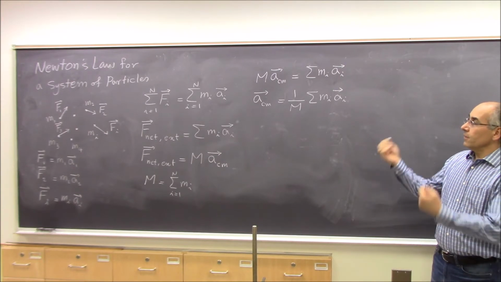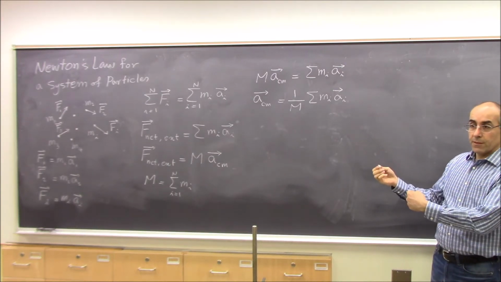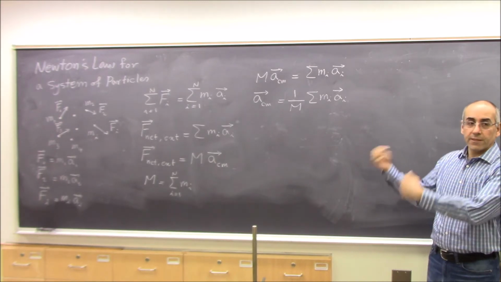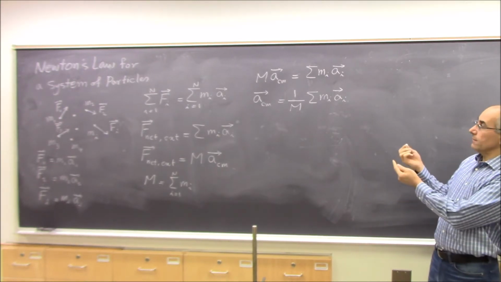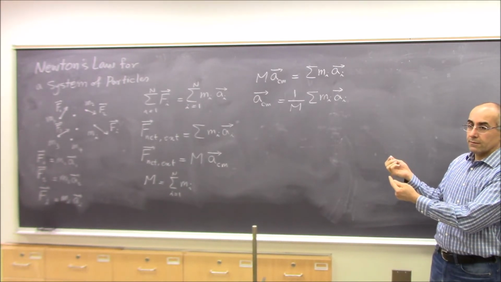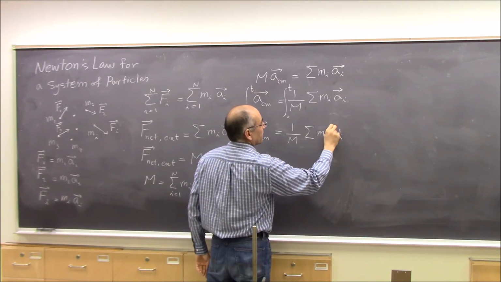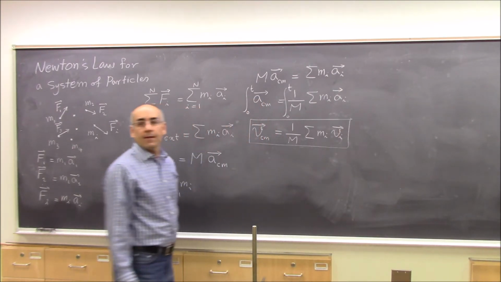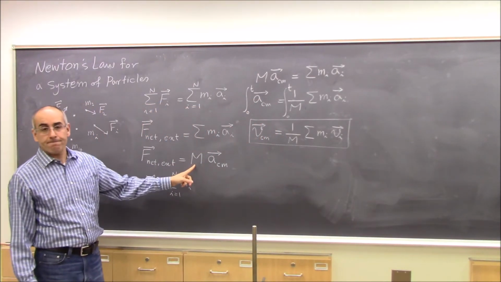And then if you take the antiderivative of this, because acceleration is the derivative of velocity, you get the same equation for velocities. This is the equation for the velocity of the center of mass, if we define it like this.